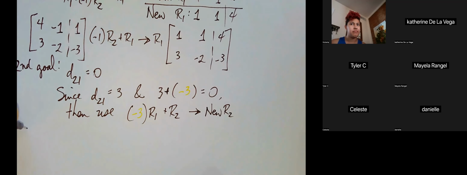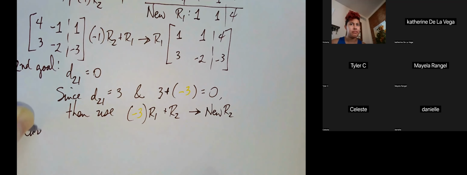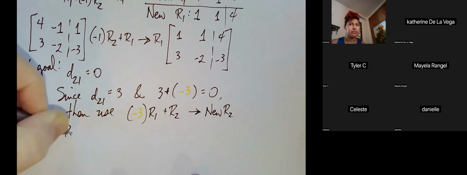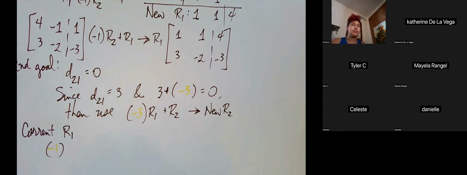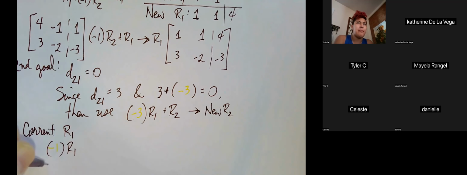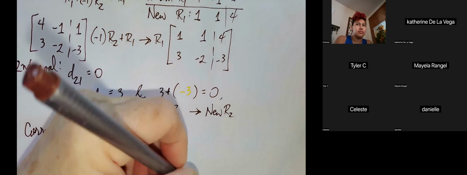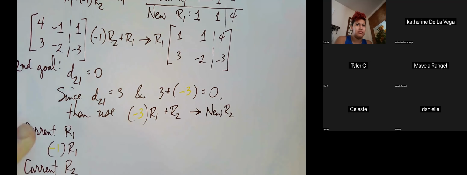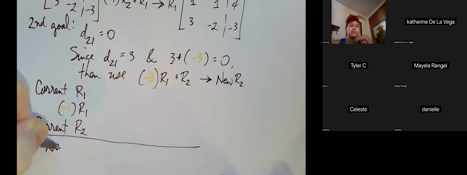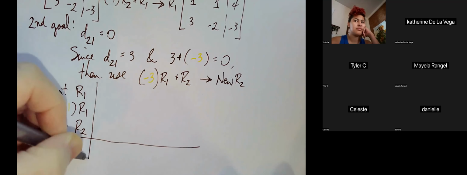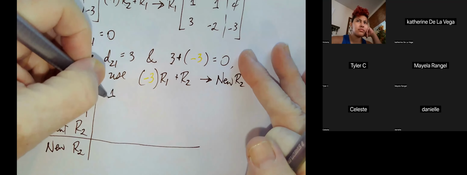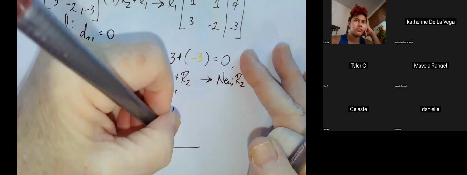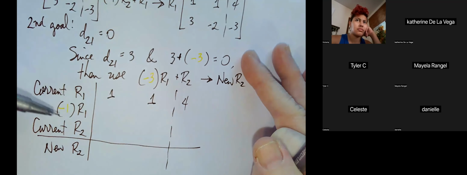So let's see, the current row 1 is 1, 1, 4.